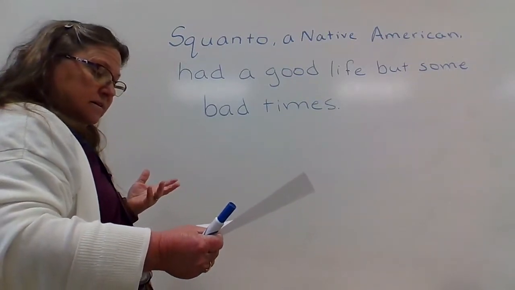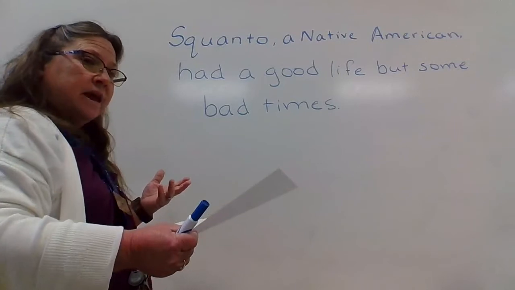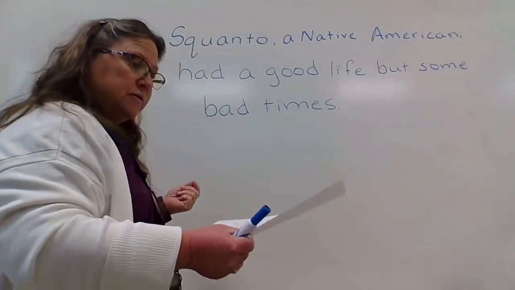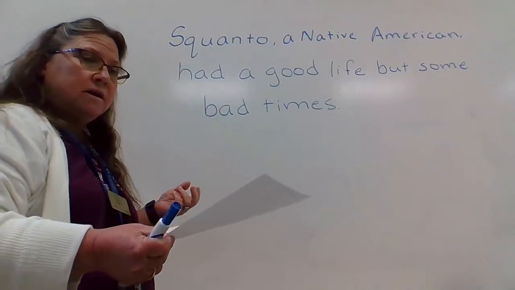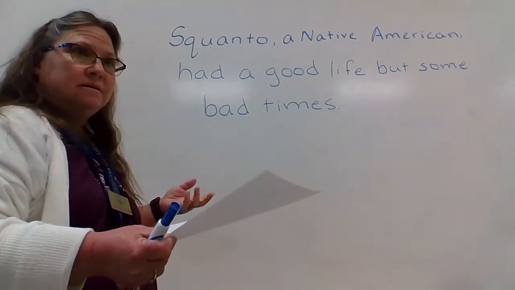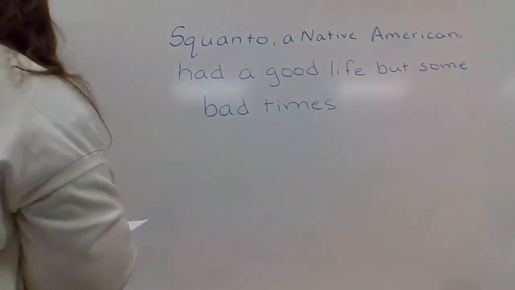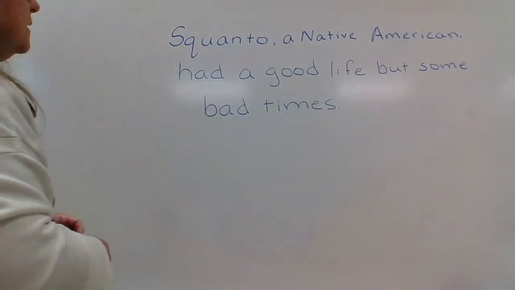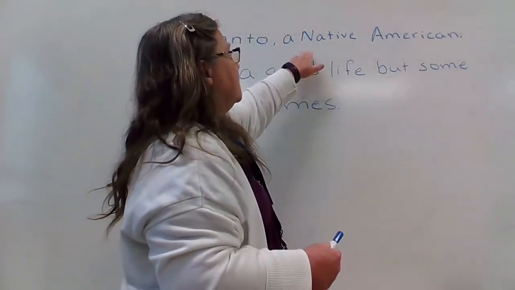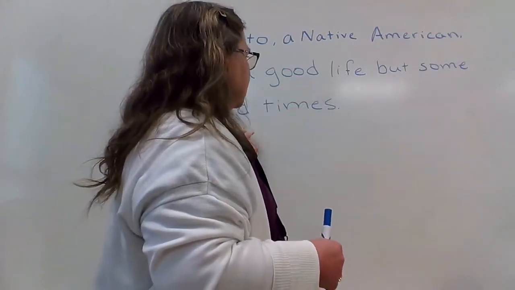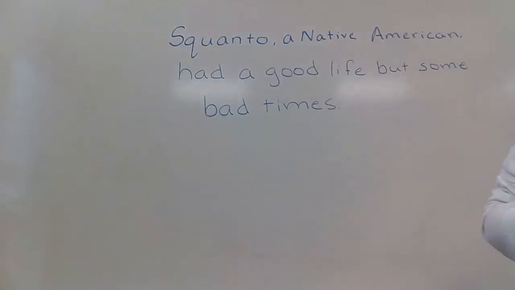Finally, at the end of the growing season, the Pilgrims and Squanto had a celebration called the First Thanksgiving. So that kind of tells different things about him. He was a Native American, so I talked about that a little bit. I talked about some good things, and I talked about some bad things in his life.